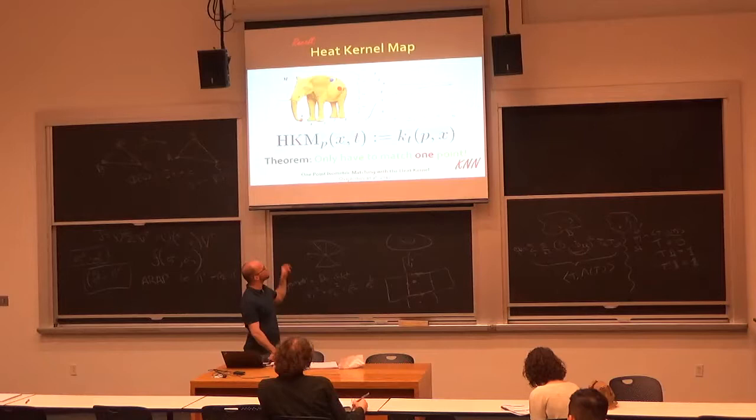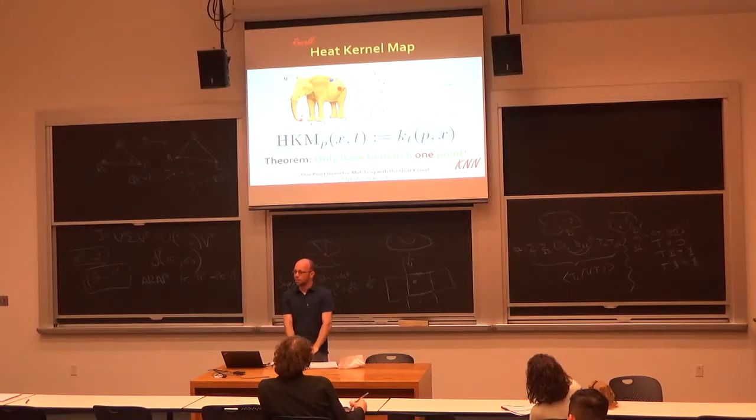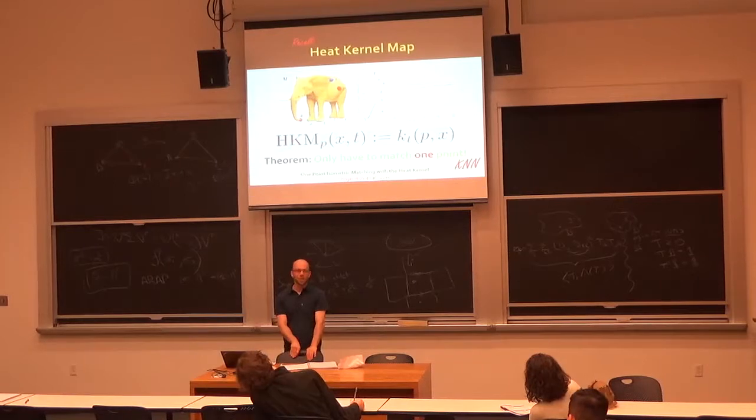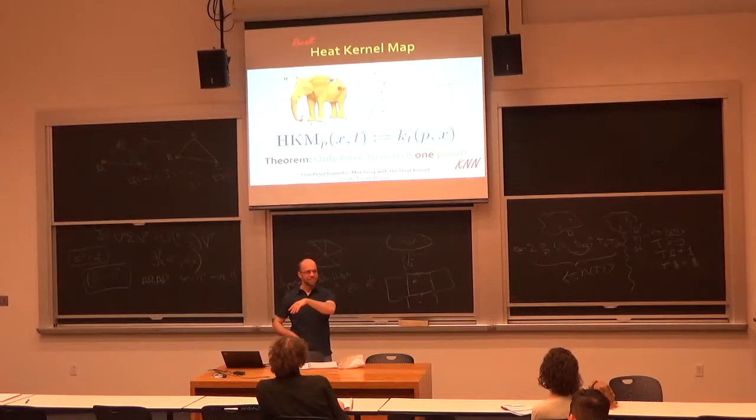And in that space, what you can prove is that they rigidly align. So you can lift to heat kernel space after having one point match from one surface to another, and then use things like ICP that we've already talked about, because these abstract pieces of geometry, which correspond to your descriptor for every point on the surface, are the lifting into R to the high n.